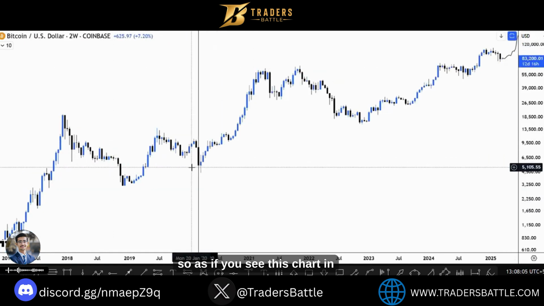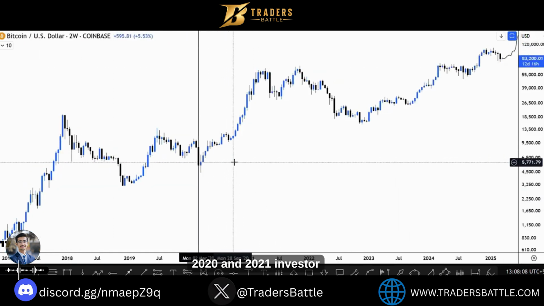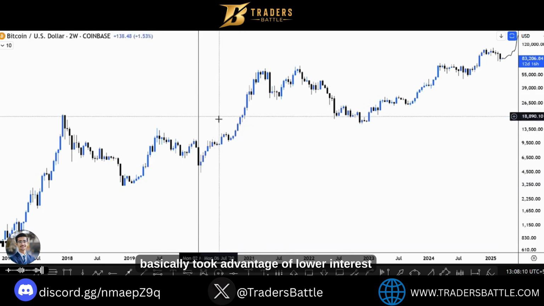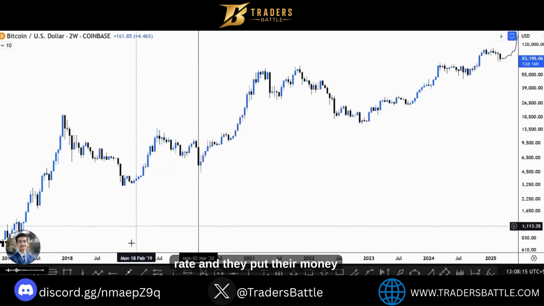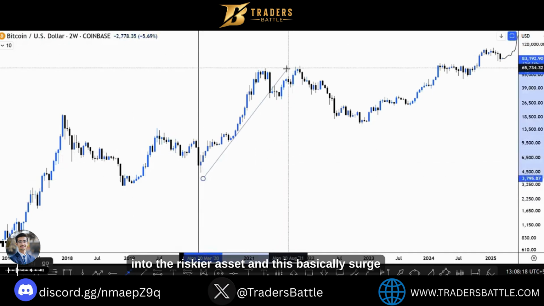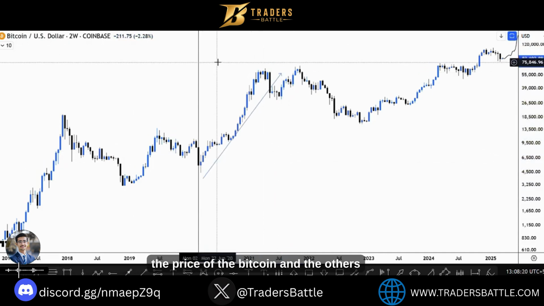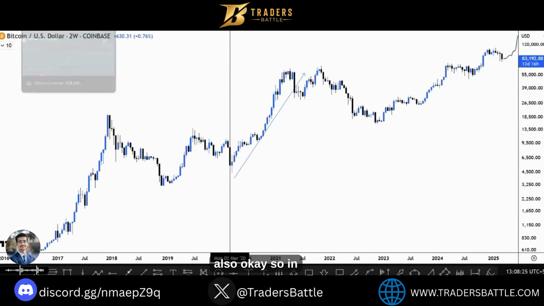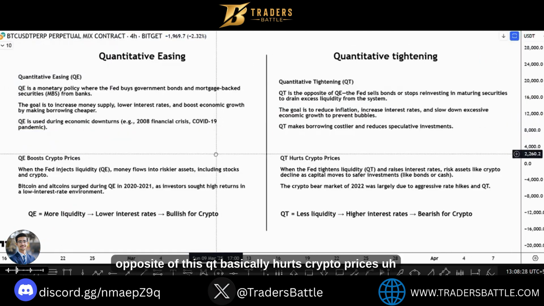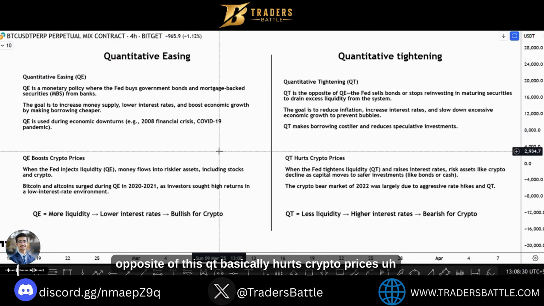So if you see this chart in 2020 and 2021, investors took advantage of lower interest rates and put their money into riskier assets, and this surged the price of Bitcoin and the other altcoins.